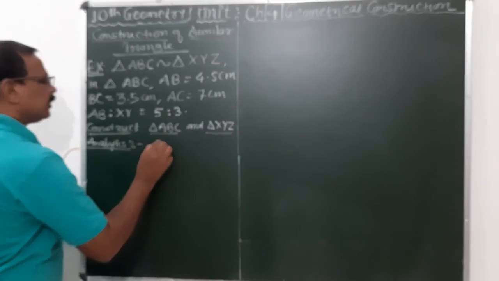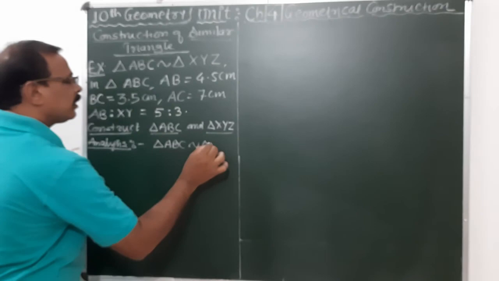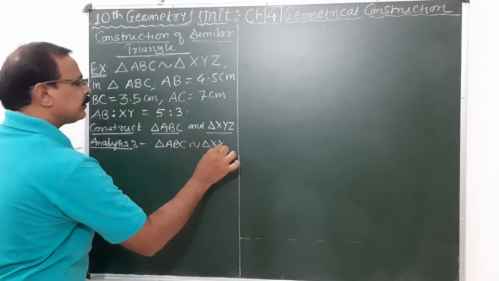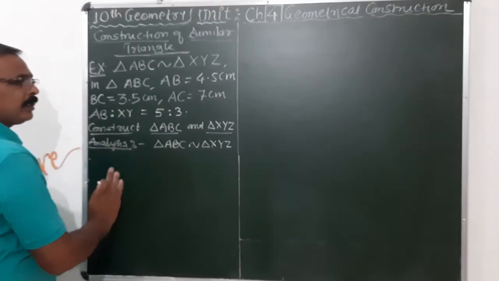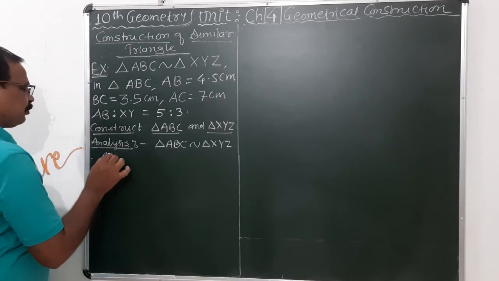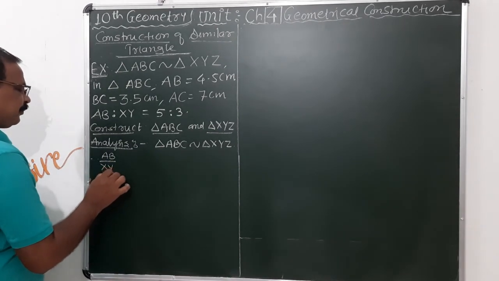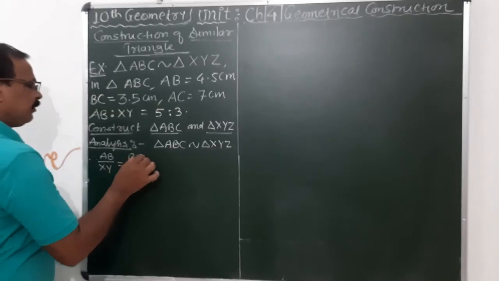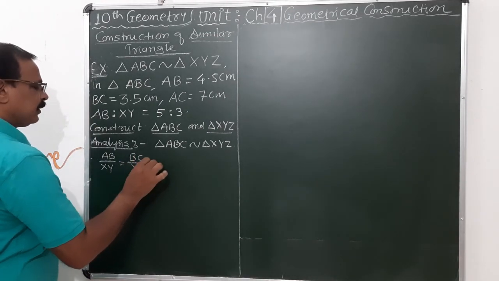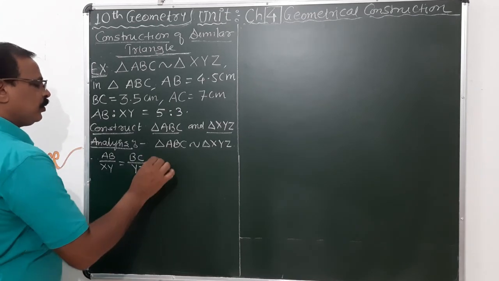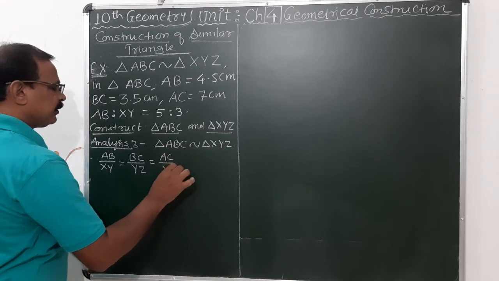We know that triangle ABC is similar to triangle XYZ, and therefore if two triangles are similar, their corresponding sides are in proportion. Means AB divided by XY is equal to BC divided by YZ, which is equal to AC divided by XZ.